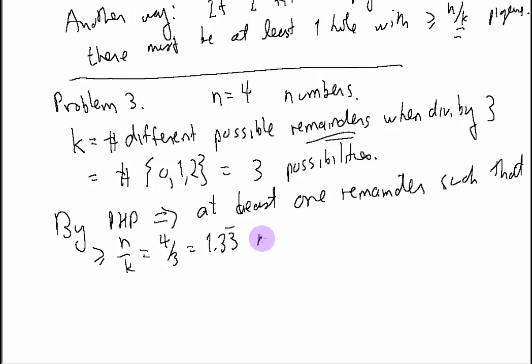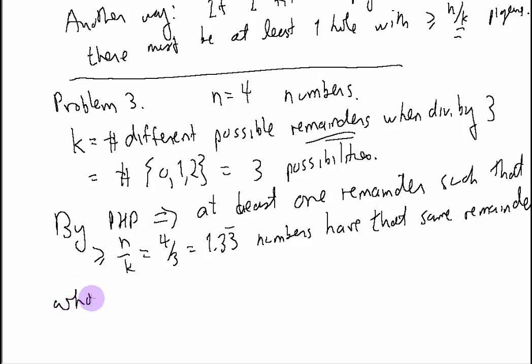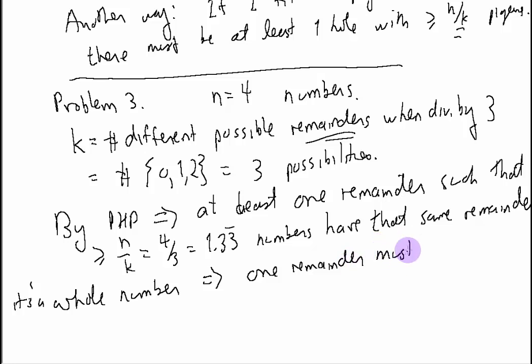There's at least one remainder such that 1.333 numbers have that same remainder. Now, the number of numbers must be a whole number. So that means there must be at least one remainder with bigger than or equal to 2 numbers with the same remainder.